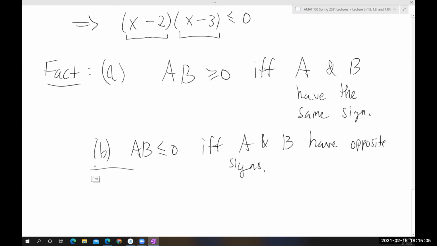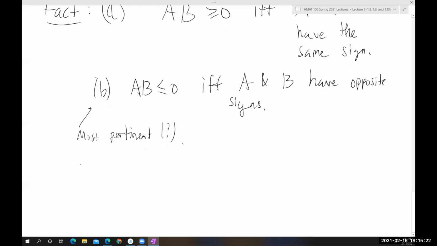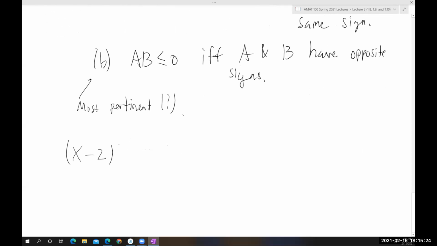This is the fact we're going to need right now, but the other one is also helpful. This is the one that pertains to this example. So let me write this down here: x minus 2 times x minus 3 is less than or equal to 0.